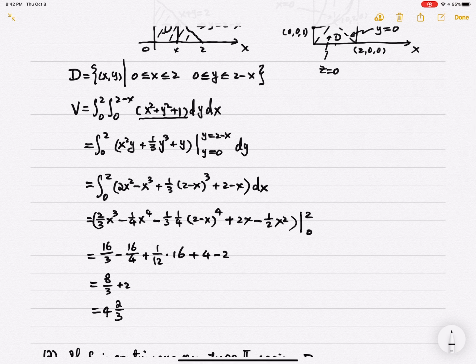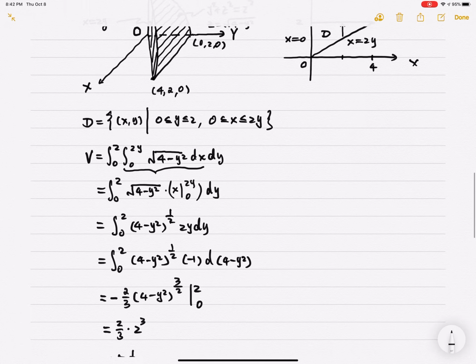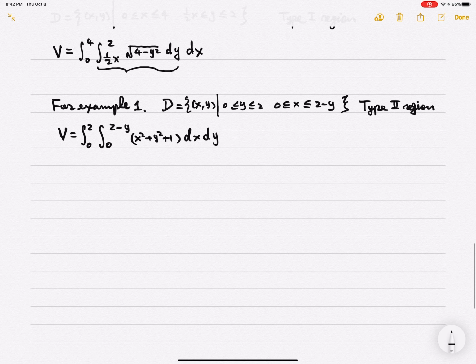So now if you set this one up and integrate it, it's almost exactly the same. Why don't you continue and finish integrating this? The difficulty level is the same, so you can integrate.